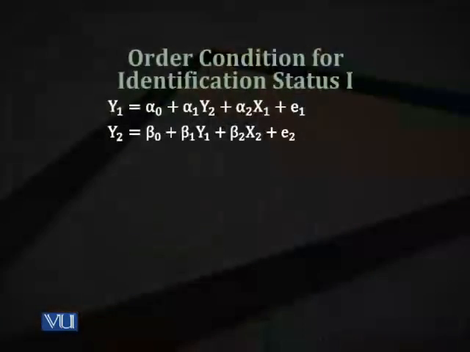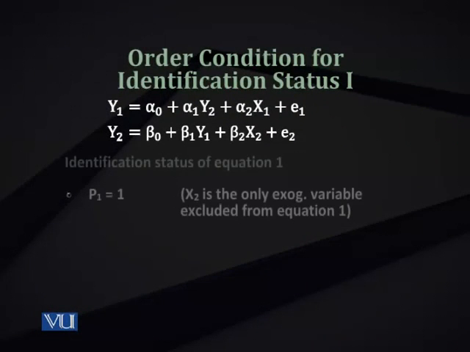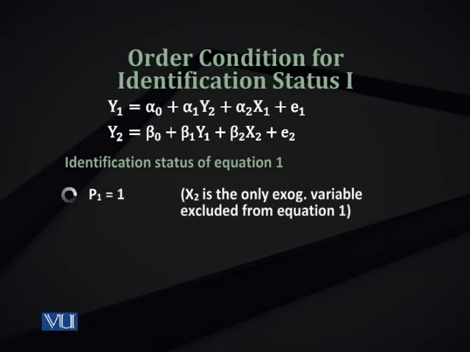That is the number of exogenous variables that you find in the model but you don't find in the equation. So as you are looking at the model, you will quickly notice that x2 is the only variable that is excluded from equation 1. x2 is an exogenous variable and you don't find it in equation 1. So the parameter P1 has a value 1.